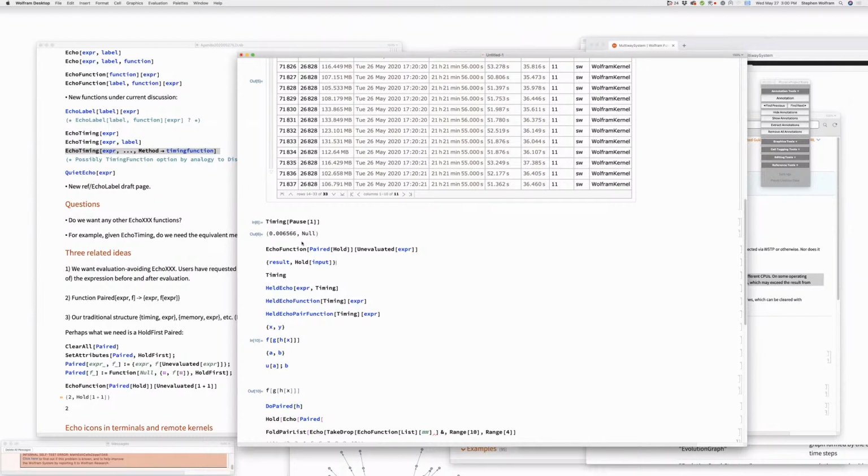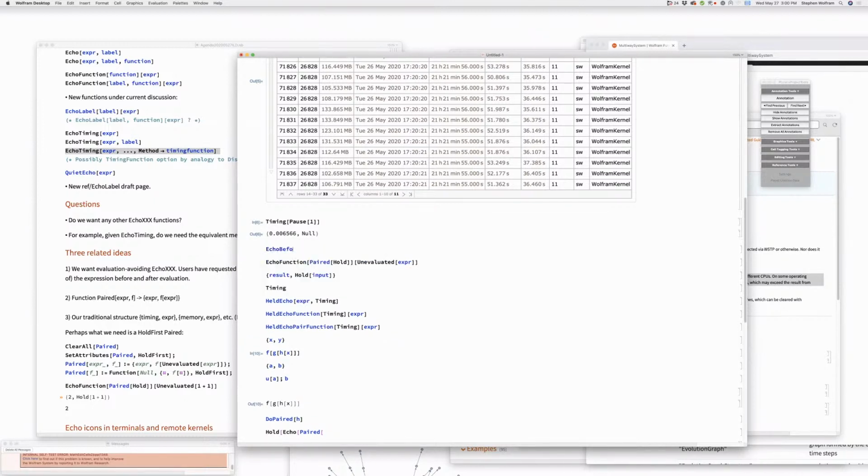Look, I think an echo before after, or something that could be wrapped around an expression, would clearly be useful. Am I confused here?